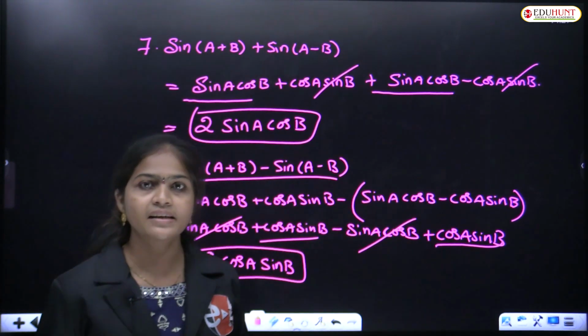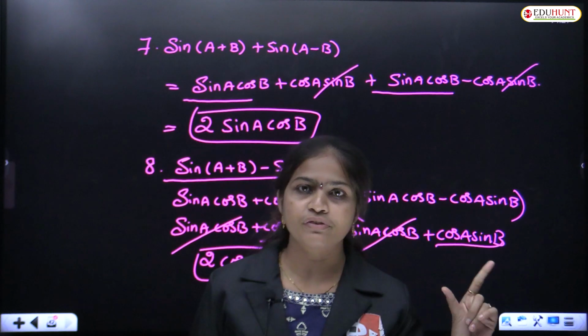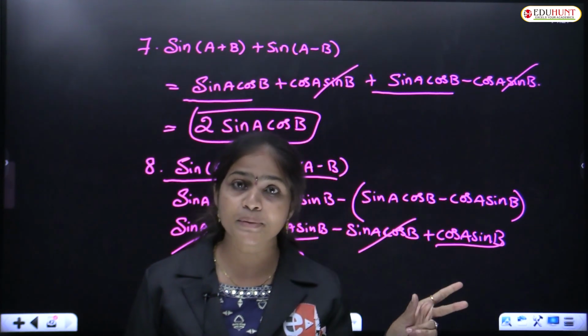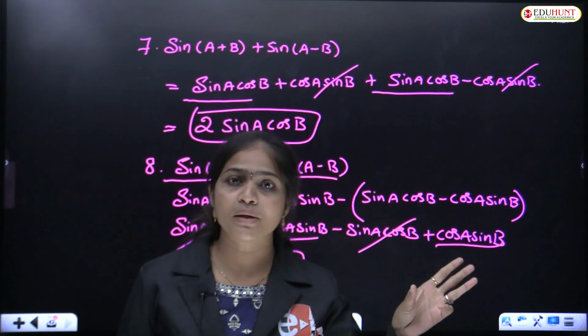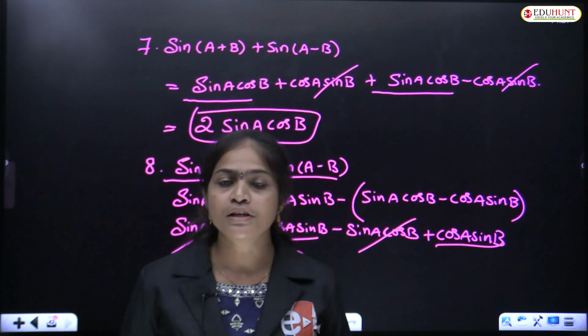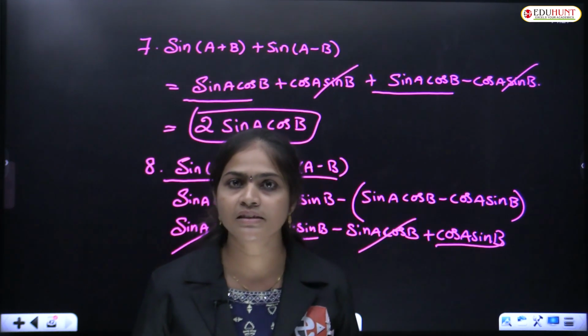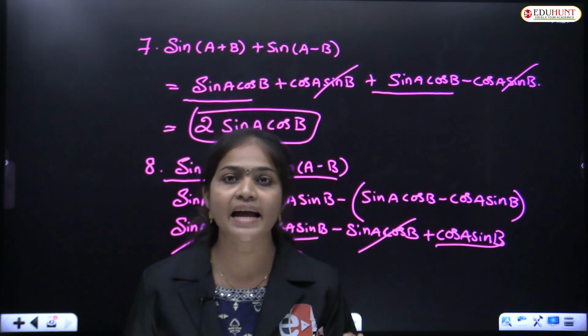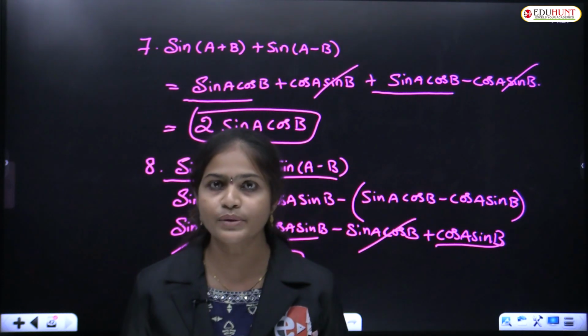Next, sin of A plus B, sin of A minus B, sin of A plus B plus sin of A minus B, sin of A plus B minus sin of A minus B. So in total we learned 8 formulas and their proofs in this video.